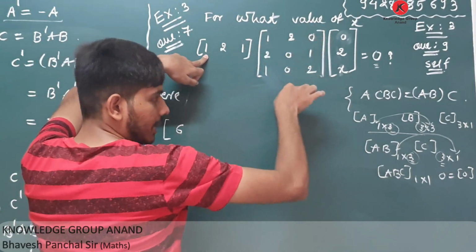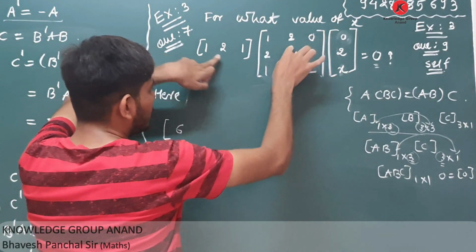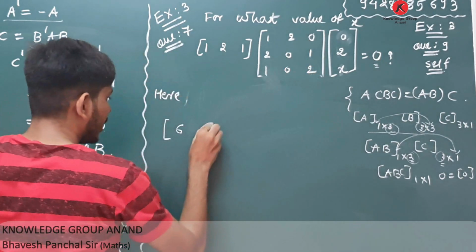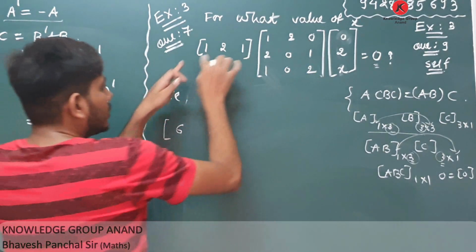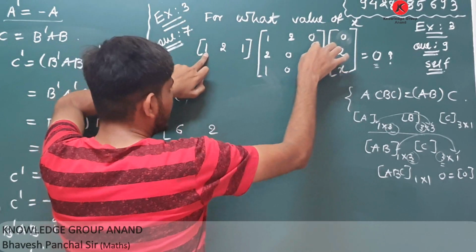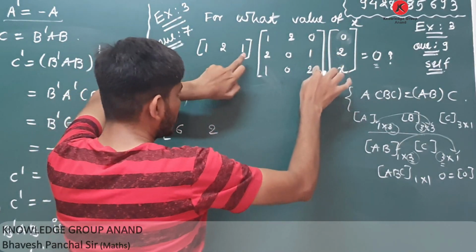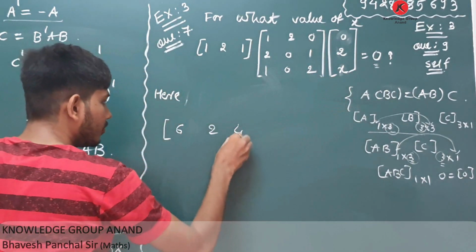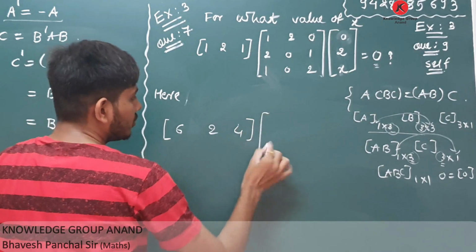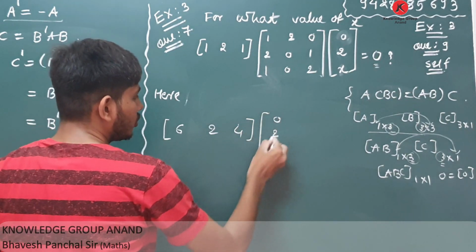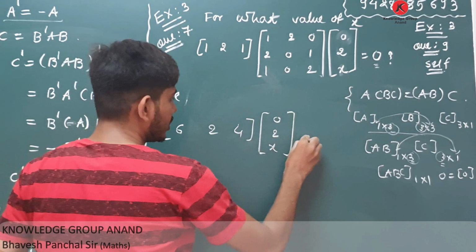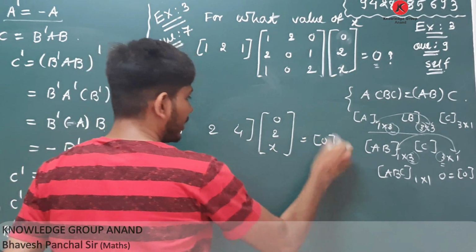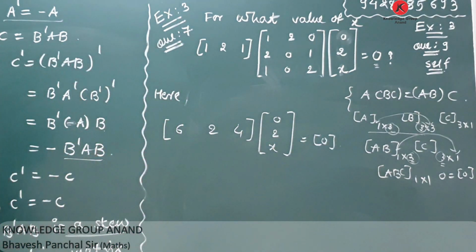First row, second column: 2 plus 0 plus 0, the answer will be 2. Third column: 0 plus 2 plus 2, the answer will be 4, into the matrix 0, 2, x, which is equal to the 0 matrix.